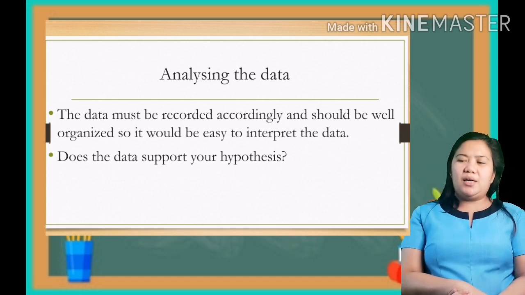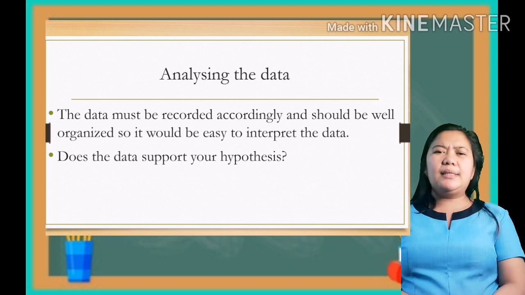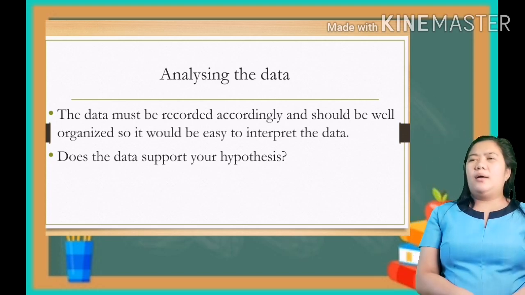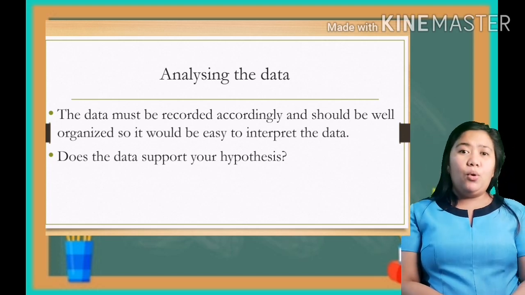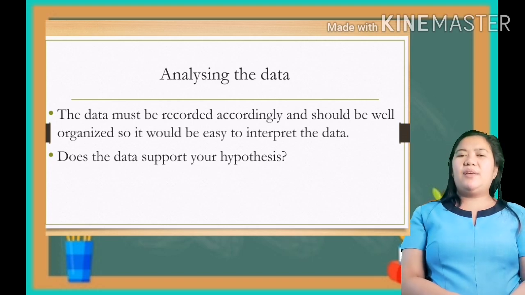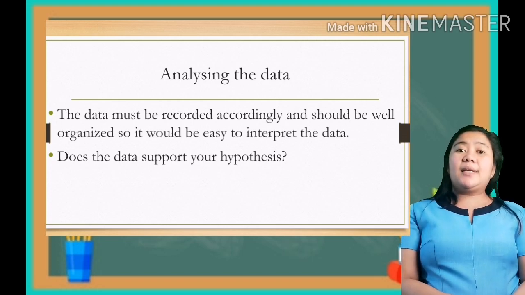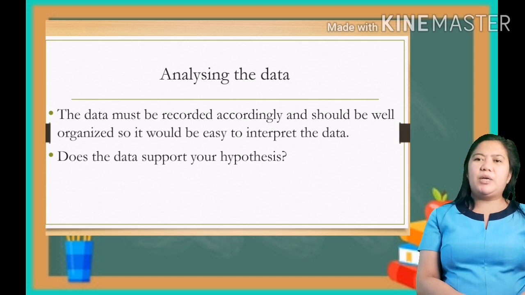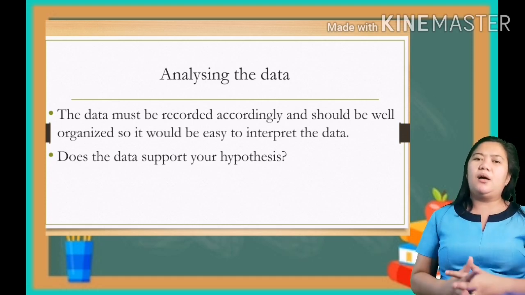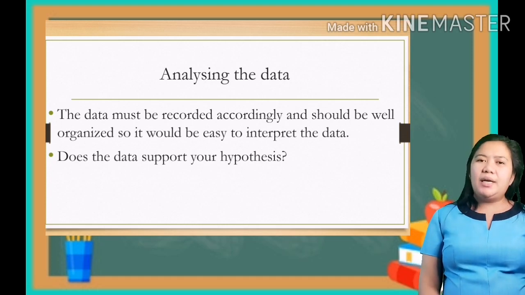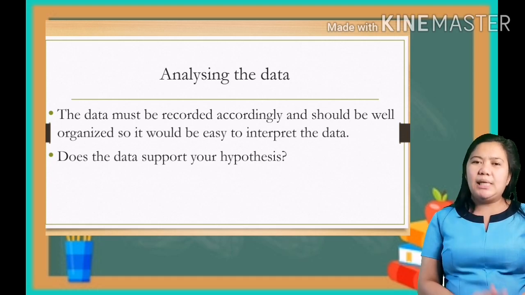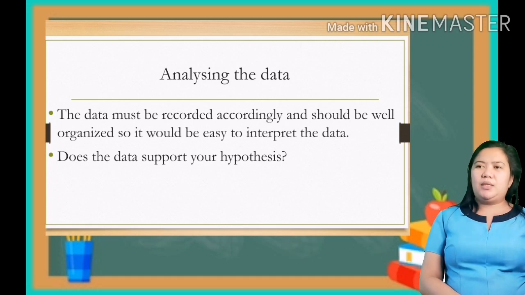The original data are those data that are actually raw or were not given any treatment from your experimentation. So basically, these are the materials or raw materials from the beginning of your experimentation.